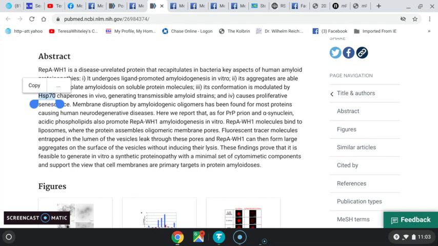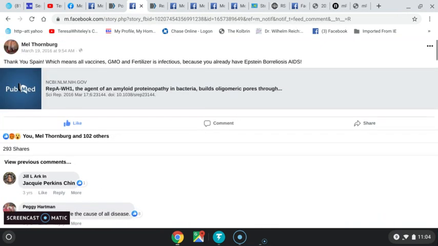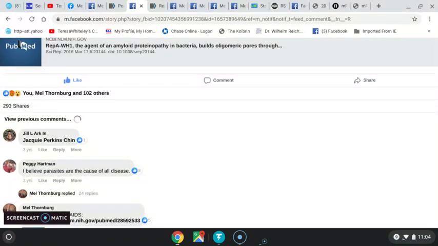It causes proliferative senescence, membrane disruption by amyloidogenic oligomers, and has been found for most proteins causing human neurodegenerative diseases. Here we report that as for PRP protein, it promotes amyloidogenesis.